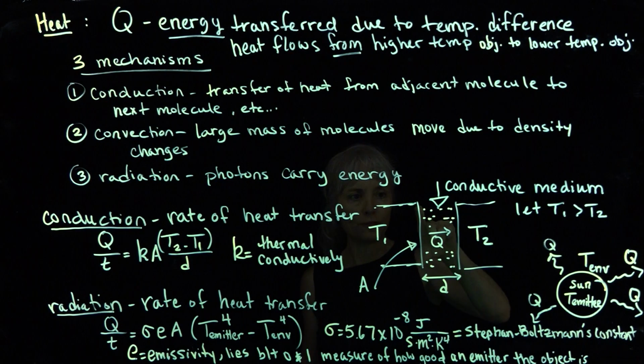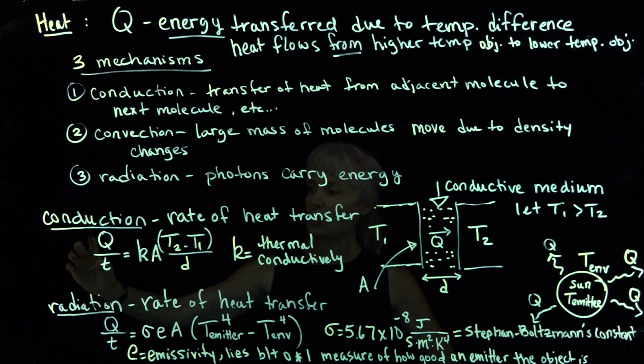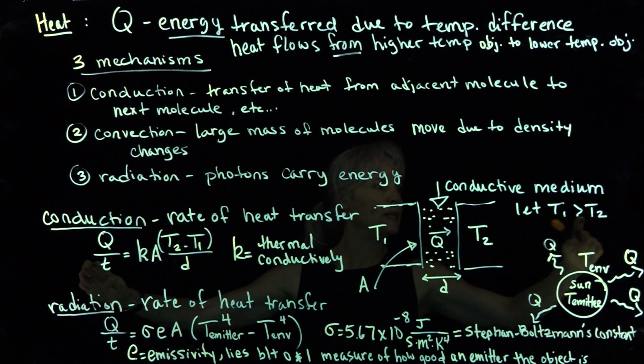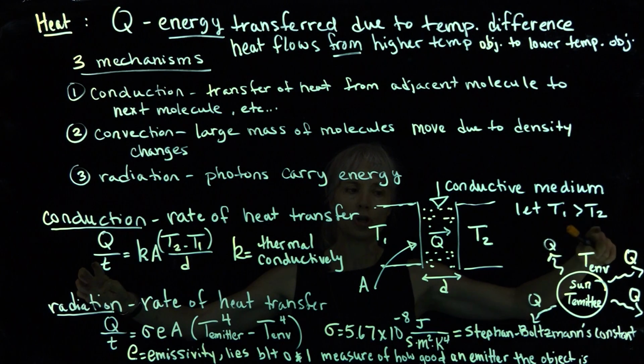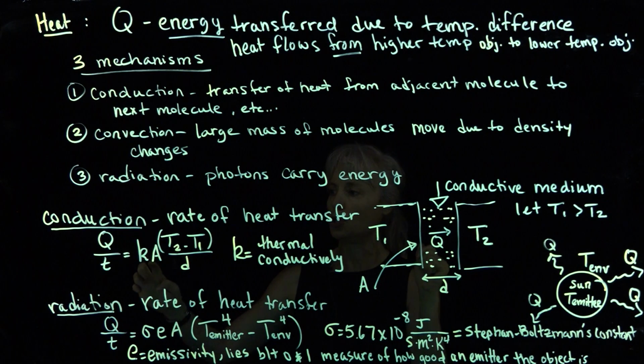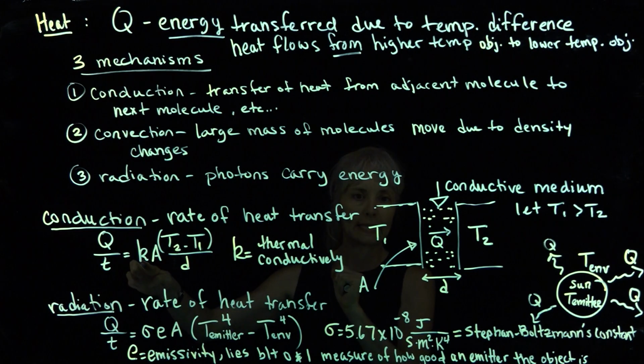And the surface area is area A. So the rate at which heat is transferred from T1 to T2, I'm assuming that T1 is at a higher temperature, is equal to the thermal conductivity K. This is not the same K as we were using in Chapter 13. K is a new quantity called thermal conductivity now, and it's how good of a conductor this particular medium is.